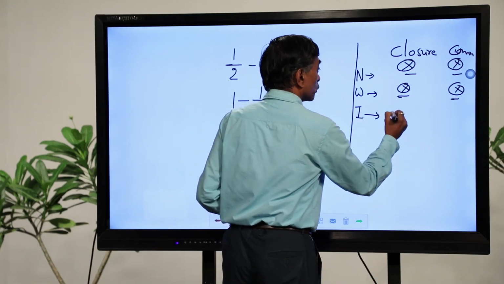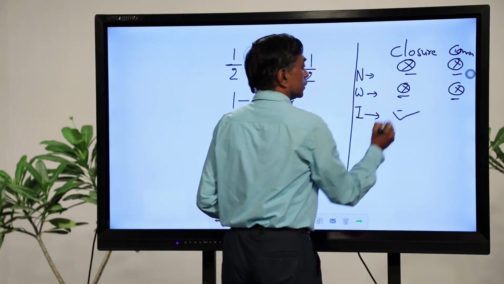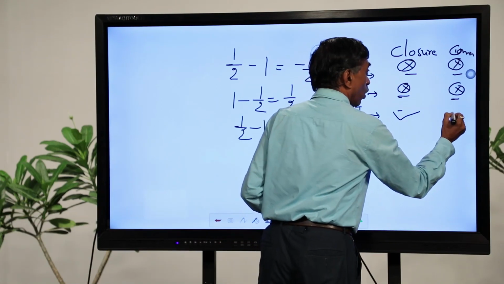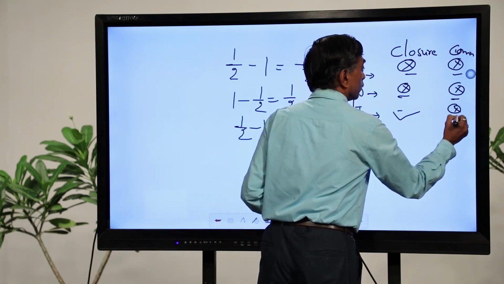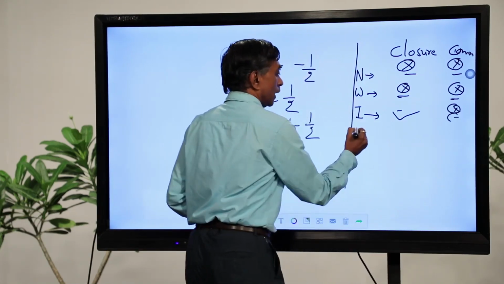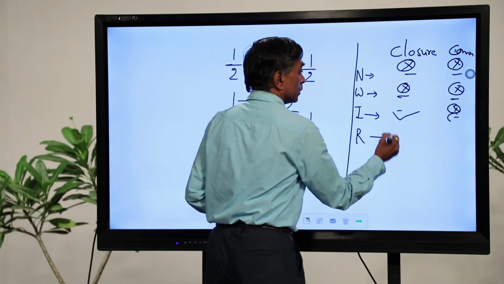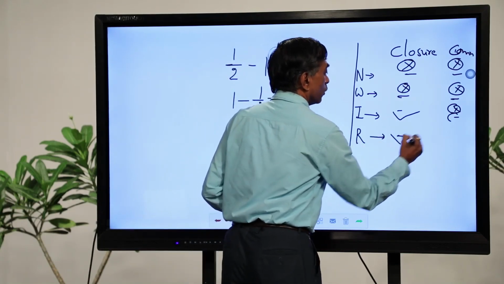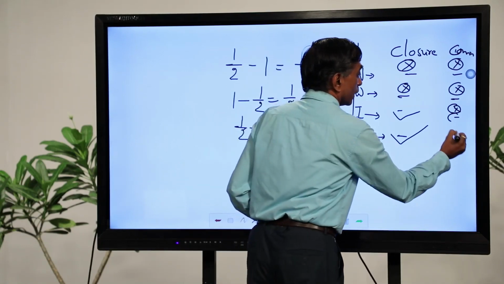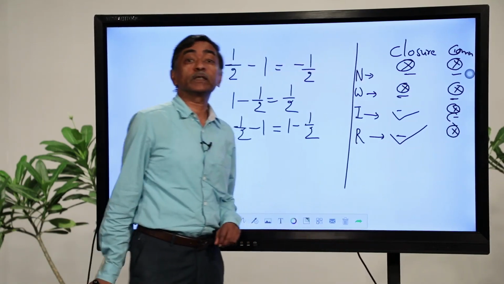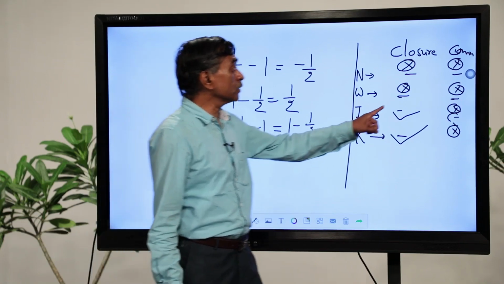Integers were closed under the operation of subtraction, but they are not commutative under it. What about rational numbers? Rational numbers are definitely closed under the operation of subtraction, but they are again not commutative. Look at this.